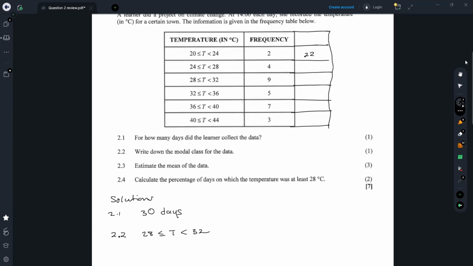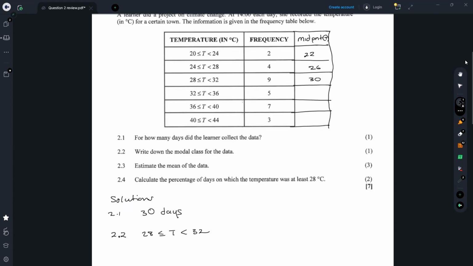So let me just write this up here, that we want the midpoint. And the midpoint of 24 and 28 should give us 26. The midpoint of 28 and 32 should give us 30.